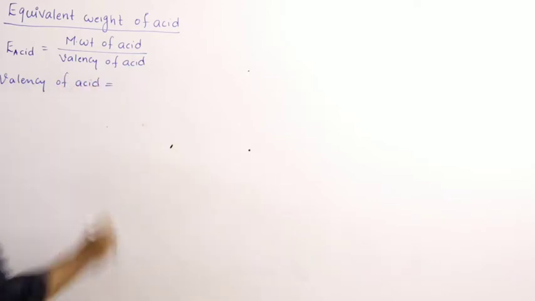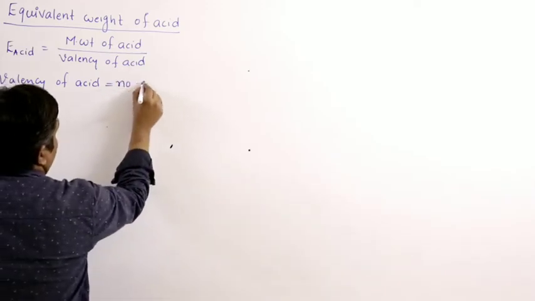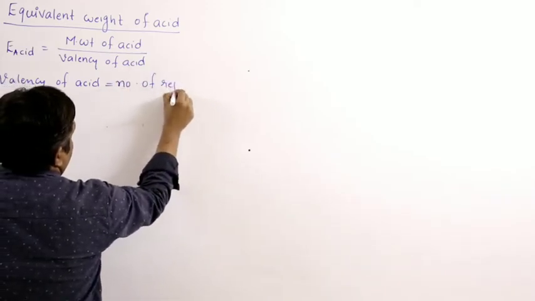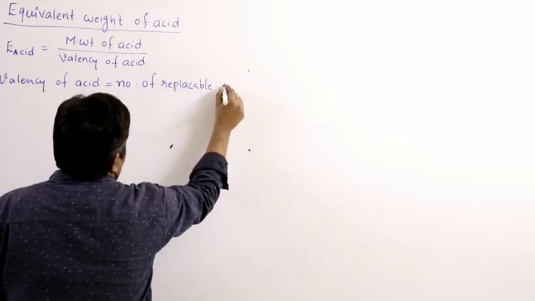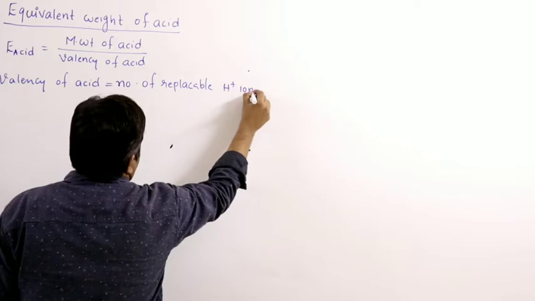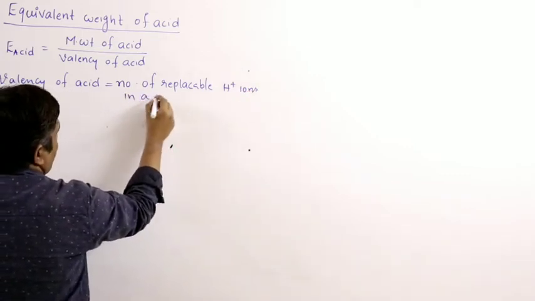Valency of acid is defined as number of replaceable H plus ions in a molecule or per mole, let us say.